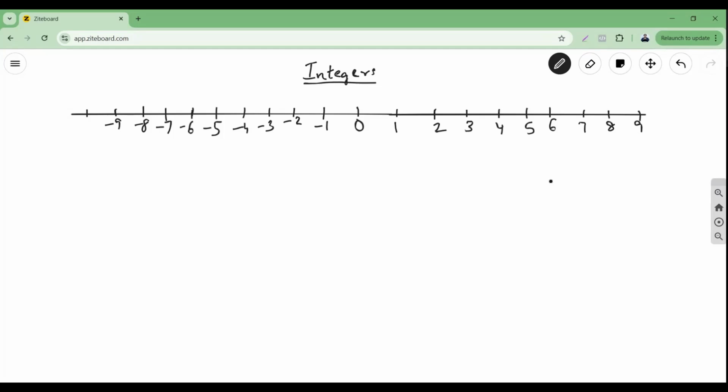Okay. So now, what if we see that when we compare normal numbers, right? When we compare a 9 and a 2, what is larger? 9 is larger. Why is it larger? Because 9 is very, very far right side, it is far from 0, right? So whichever is the rightmost, this is more. And this was less.